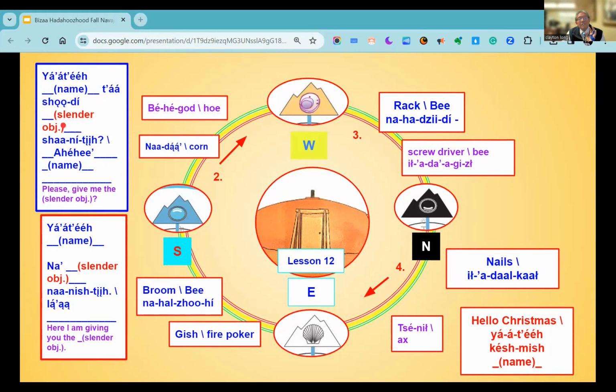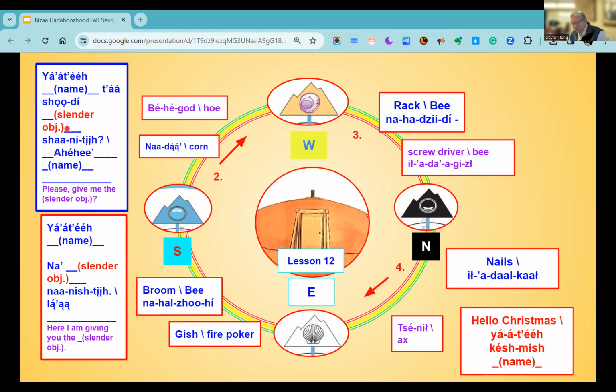Now I put the word slender object because in the next few lessons we're going to learn how to ask for things with or without saying what they look like. Today, we're going to do both, what it is and what it looks like, right? It's a slender object.